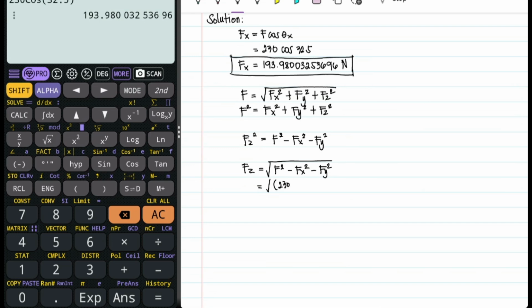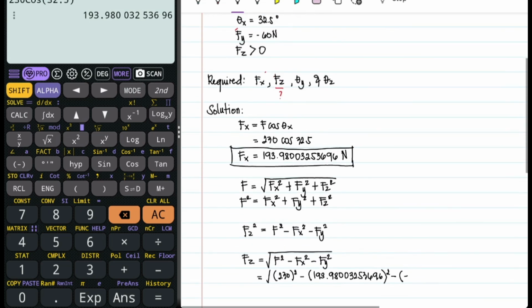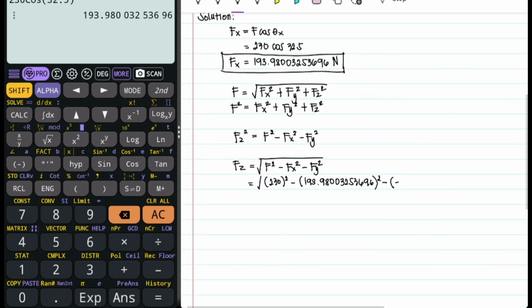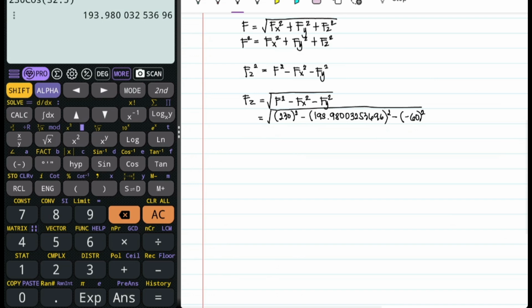So from that, we can substitute the values. That's the square root of the quantity 230 squared minus the calculated value of our f sub x, which is 193.98003253696 quantity squared, minus negative 60 quantity squared. So we can input that in our calculator.